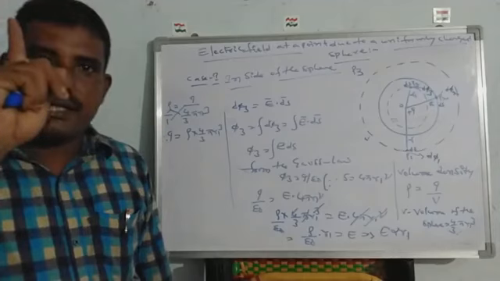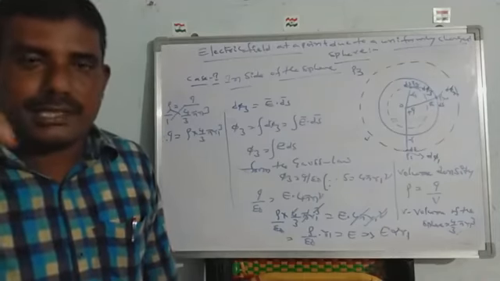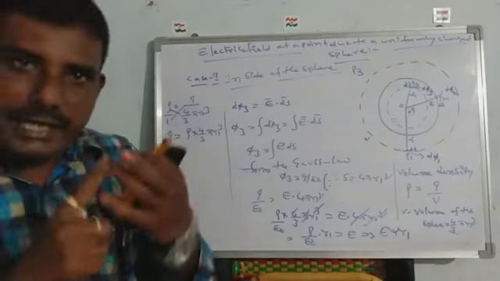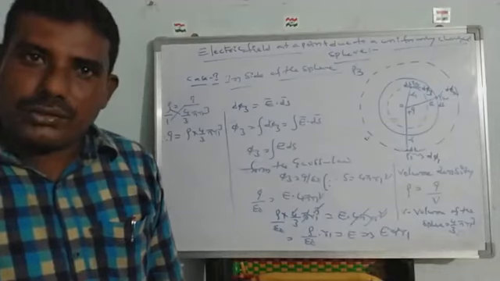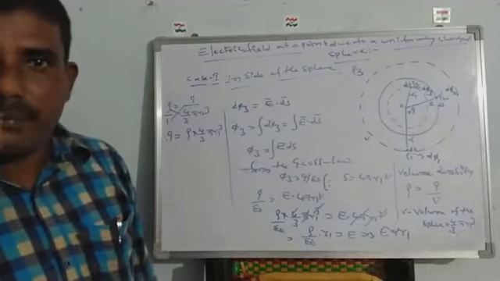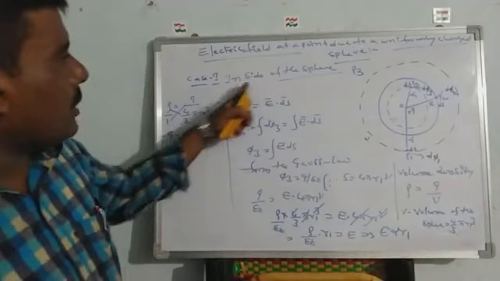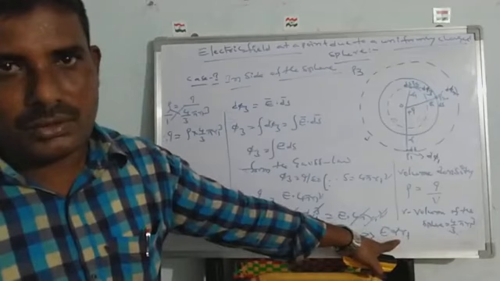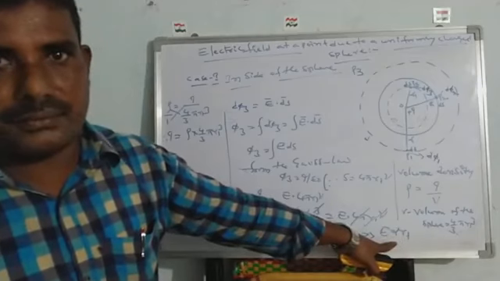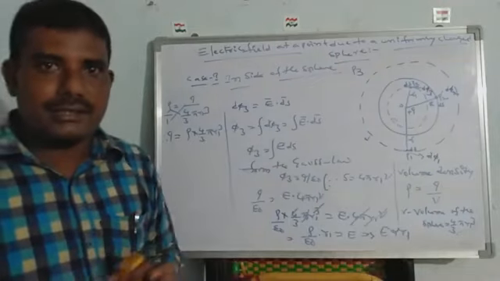The first case is E is inversely proportional to the square of its distance. In the second case, that means on the sphere, capital E equals constant because the radius capital R remains constant. In the third case, E is proportional to r1. What can we understand? It depends upon the distance.